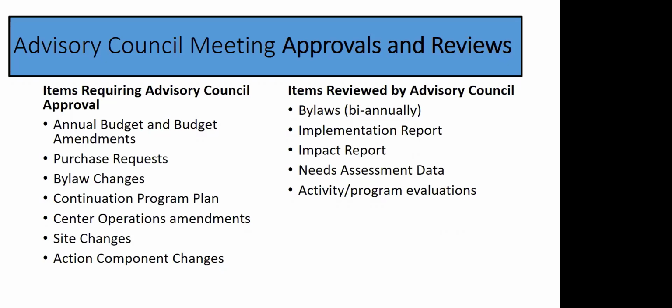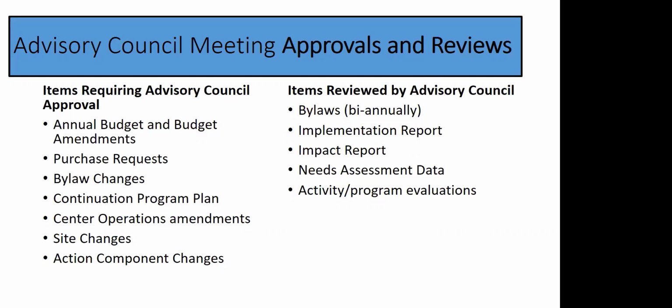Those are all examples of things that your advisory council would have to approve. Items that are reviewed by your advisory council: bylaws biannually, so every other year. Implementation report, that's at the end of your year, kind of beginning of the next year. Your impact report, it's in that same time frame. Needs assessment data, so when you write your CPP, that needs assessment piece is what drives that CPP. So we want to include them in that so they can see what data we're using to formulate and make these programs.